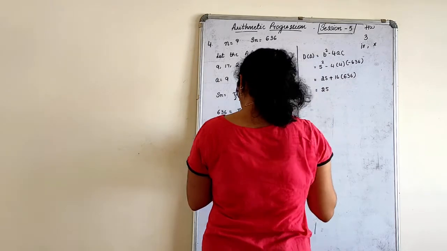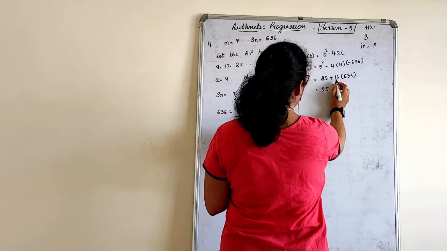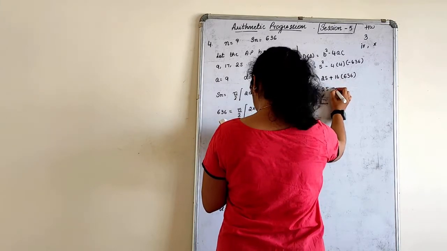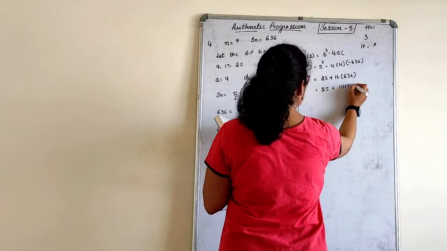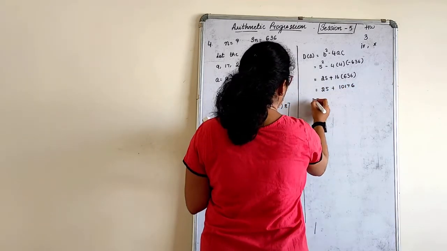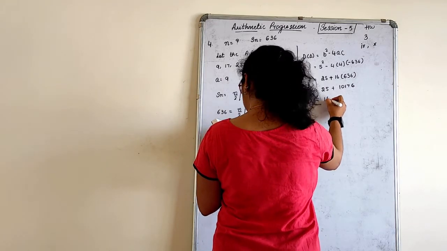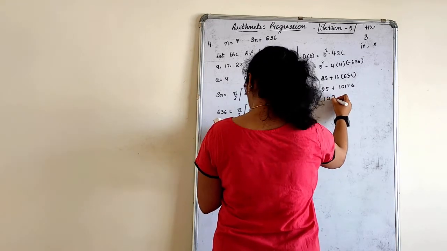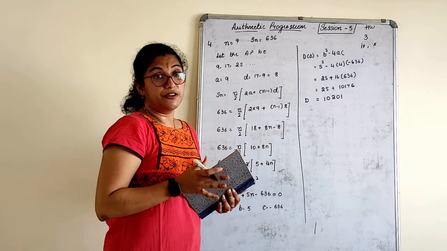So this is 25 plus, now 4 fours are 16, 16 into 636, quite a big number you get, 10176. So when you add here, your discriminant will be 10201, and this is a perfect square.